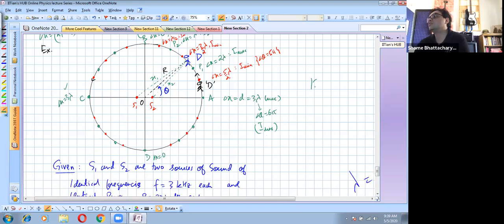So 12 positions for delta x to be n lambda, and 12 positions for delta x to be n plus half or n minus half lambda, however we write it.